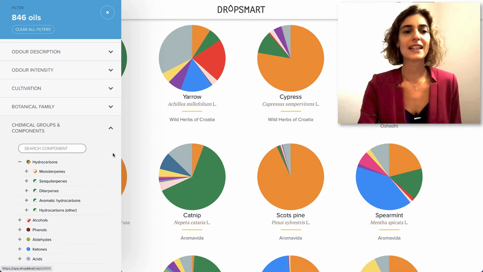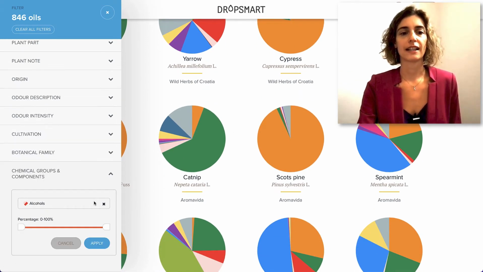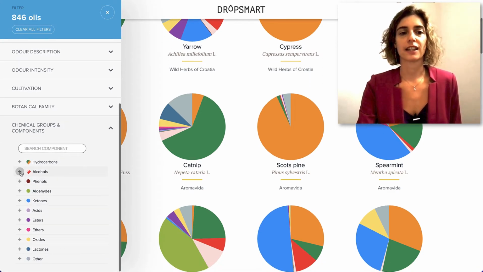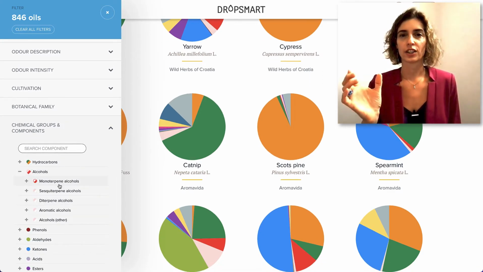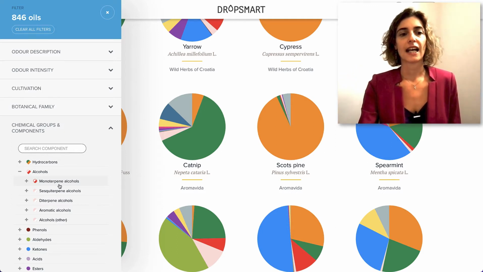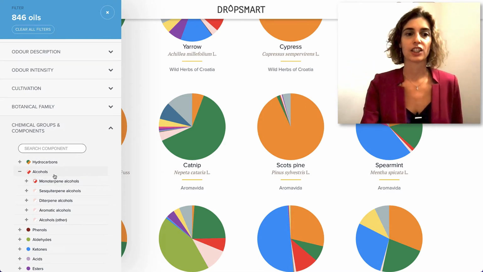Next, we will take a look at alcohols. So alcohol, and I will not go too much through chemistry, but alcohols are defined by an OH functional group, which is attached to it. And it makes it a little bit heavier than just hydrocarbons.